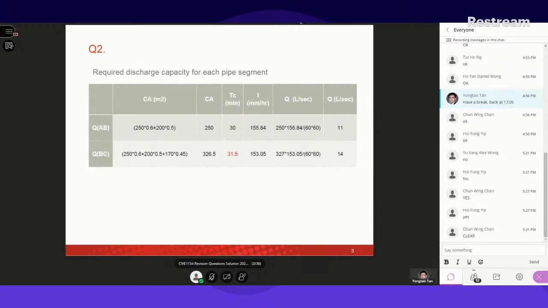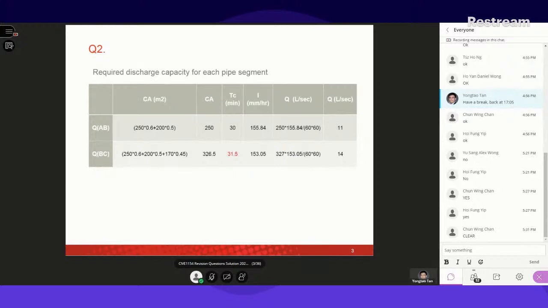Now for the pipe BC, be careful. For pipe BC, there will be 3 subcatchments flowing to pipe B. So the pipe BC needs to deliver the runoff from all 3 subcatchments, right? So the time is 31.5, because we need to calculate the pipe flow time, the flow time in the pipe AB.